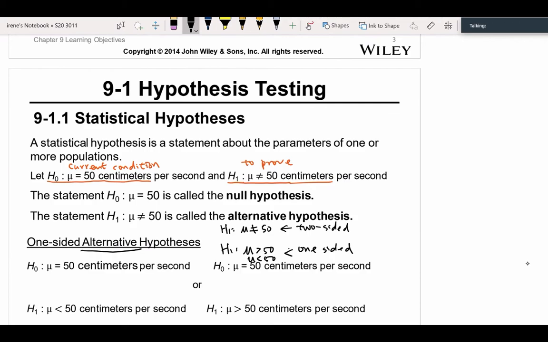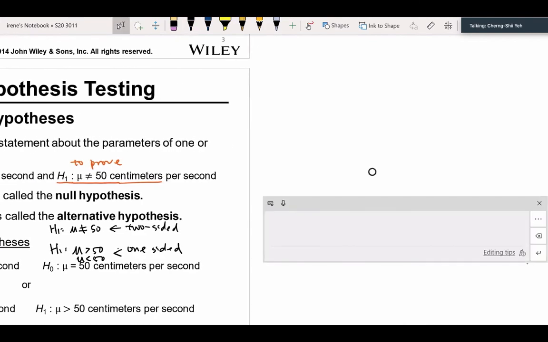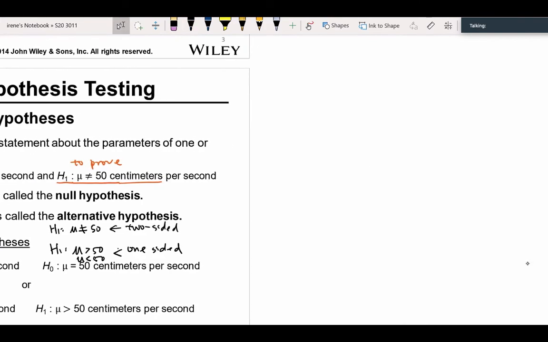Okay, let's elaborate more on here. Let's start with my null hypothesis. Null hypothesis believes my mean equals 50. This is my current condition, while my alternative hypothesis believes it is not 50 anymore.